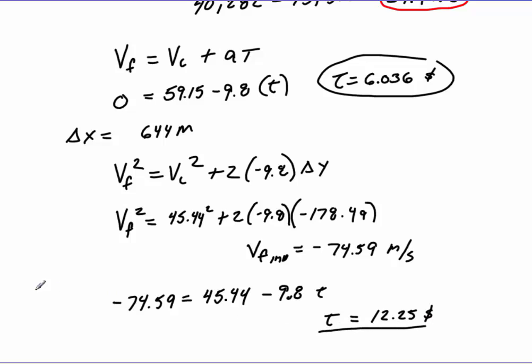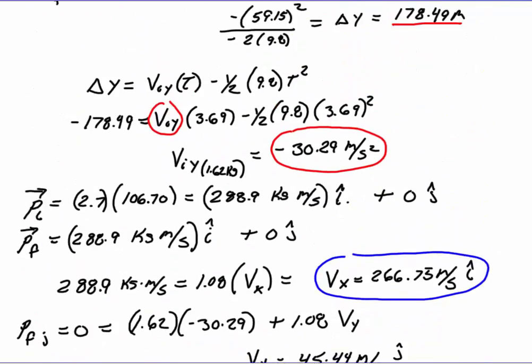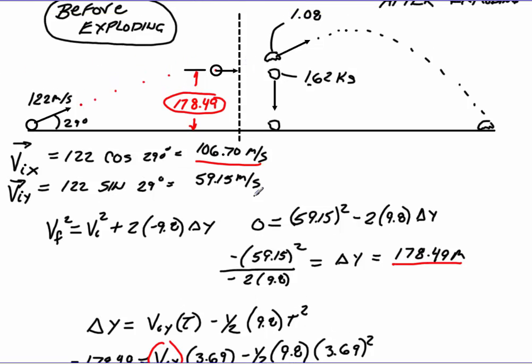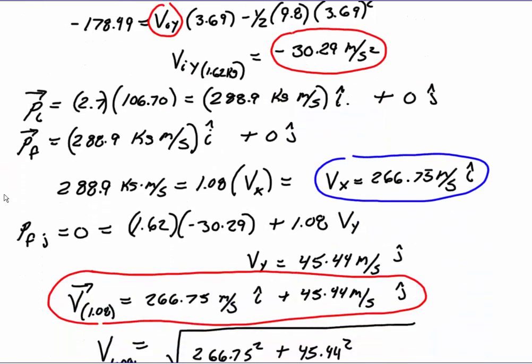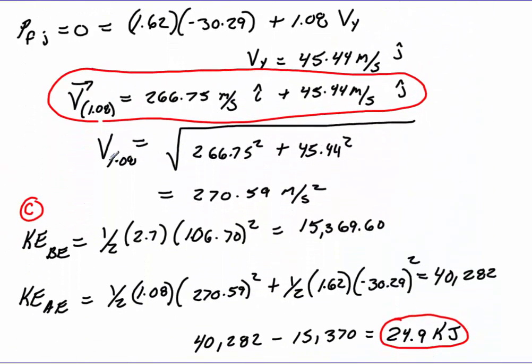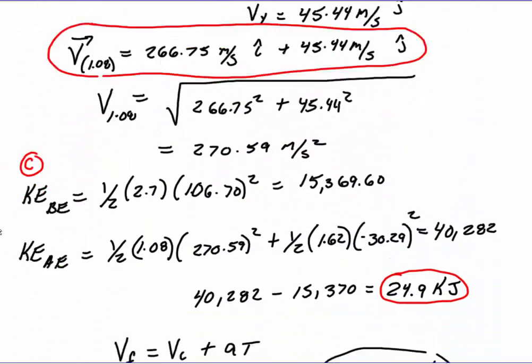Alright. Now all I have to do is take that time and apply it to the horizontal component, which in this case was 266.75.